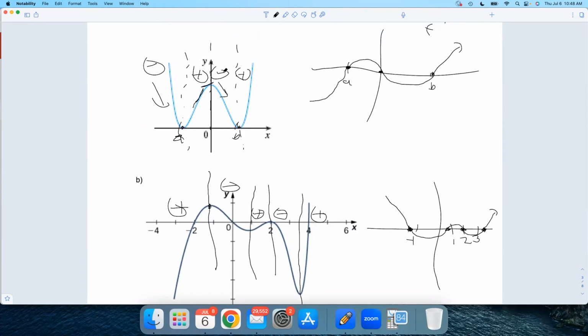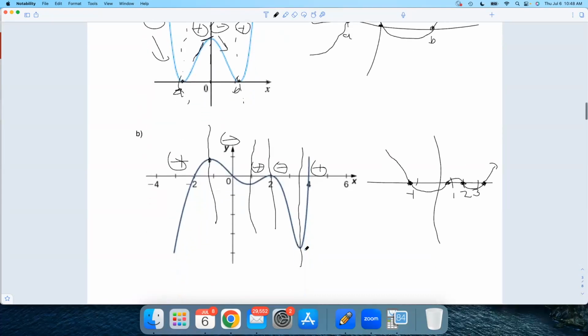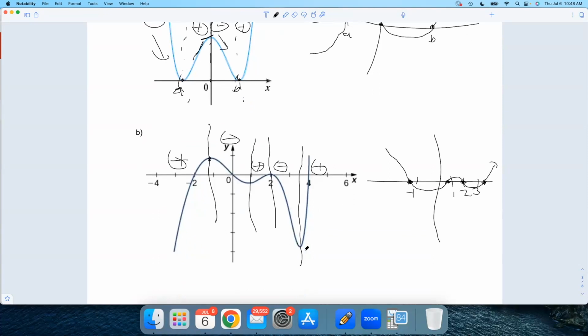If your graph is a polynomial, then taking the derivative reduces the degree by 1. The derivative of x to the 5th is 5x to the 4th. So your derivative will usually have 1 less turning point than the original. Not always, but usually. To add, 1, 2, 3, 4 turning points, the derivative is 1 less than that, only 3.